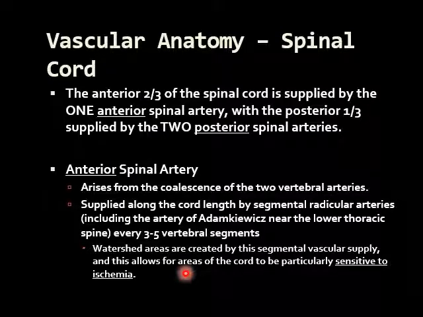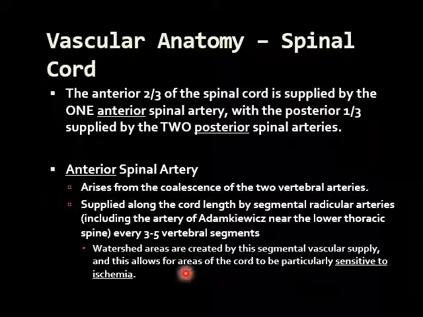The anterior spinal artery arises from the coalescence, or the angle, between the two vertebral arteries high above in the skull. Then the anterior spinal artery descends in a groove at the anterior aspect of the spinal cord, and because it is a long distance, it has a supplementary supply from the intercostal or lumbar arteries, which are called the radicular arteries.